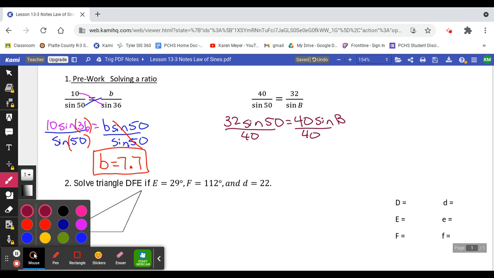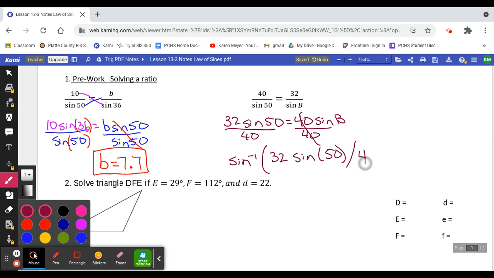So if I'm going to figure out an angle, I have to remember to use the inverse. So I would start with the inverse of sine, open my parentheses, and then type in 32 sine 50. Make sure you close your parentheses around that.